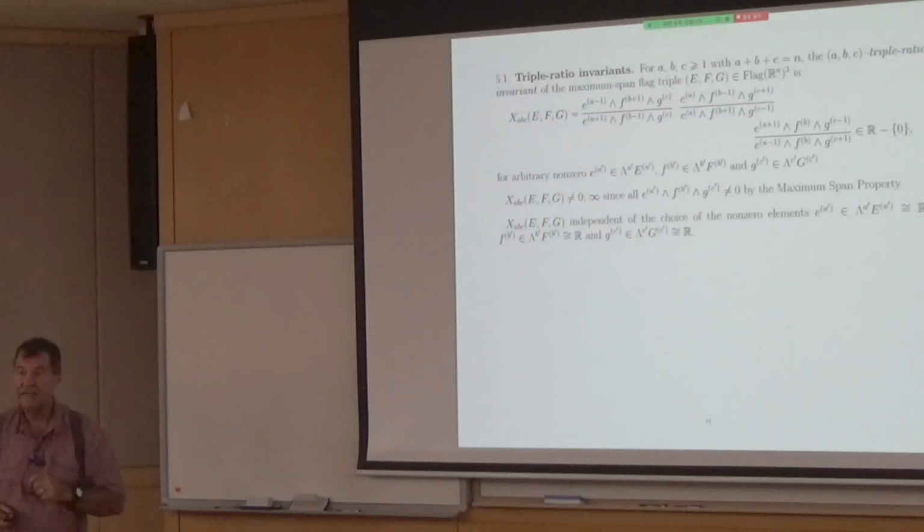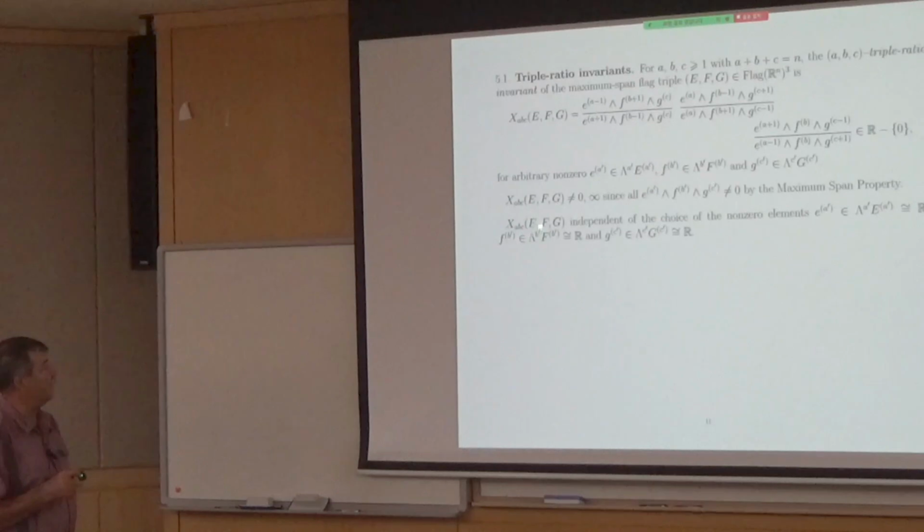And exactly like double ratios, you see that this triple ratio does not depend on the choices of these elements here, because each of them, let's take F b plus 1, for instance, appears once at the top here, and once at the bottom. And I'm taking non-zero elements here in R, in a one-dimensional space.